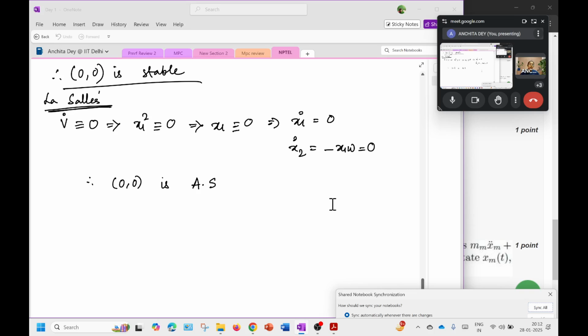Because that's what you want for asymptotic stability, right? It's an invariance principle. That means if you start from 0, you will always stay at 0. What do you mean by starting from 0? That means your V dot should be identically equal to 0. Basically, V is like an energy function, so V dot is the rate of change of this energy function.